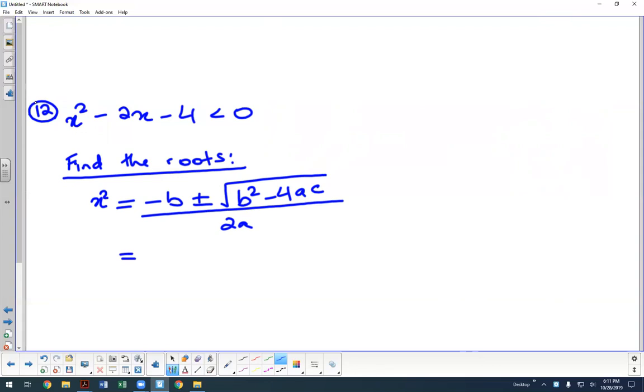Let me see what you guys come up with for your roots for number 12. So what will be our a, b, and c values here?